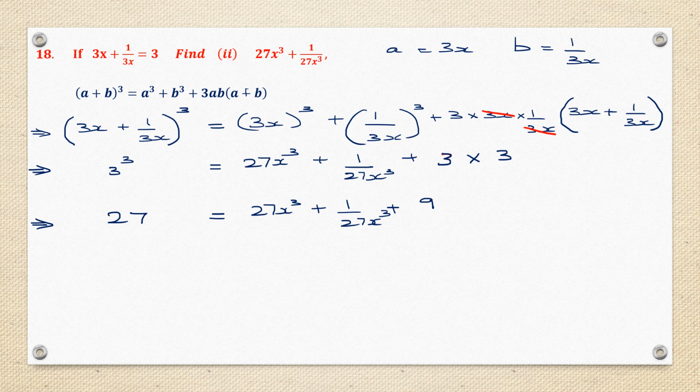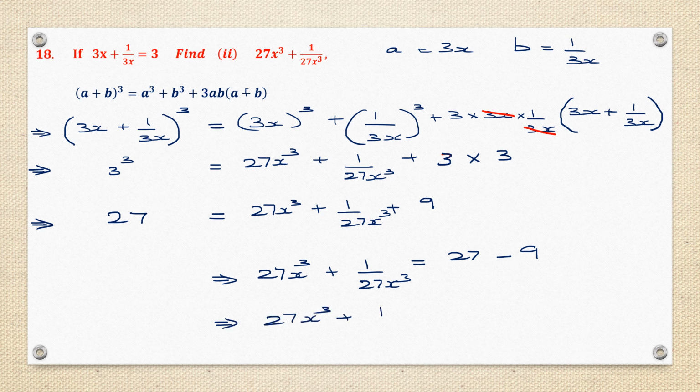So I'm going to leave it here itself. So this will be 27x cube plus 1 by 27x cube. On the other side we have 27. We're going to move this plus 9 to the other side. It becomes minus 9. So here 27x cube plus 1 by 27x cube is equal to 27 minus 9, which is 18. So our final answer here is 18.